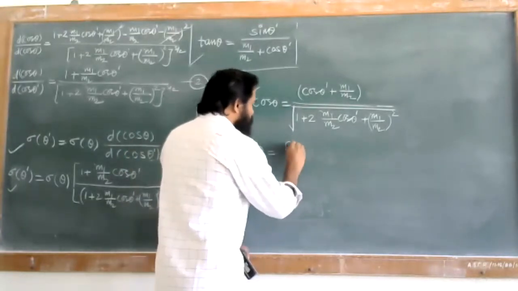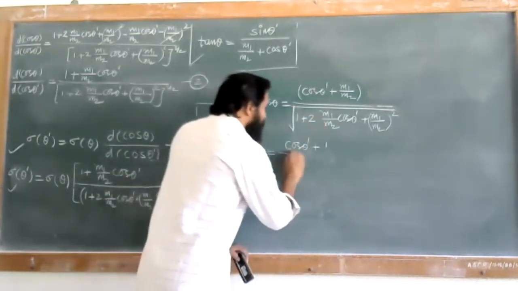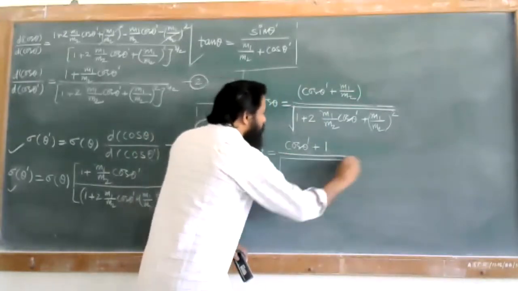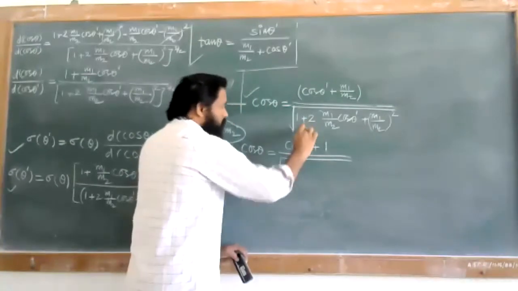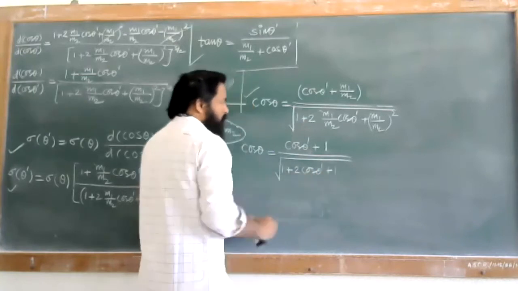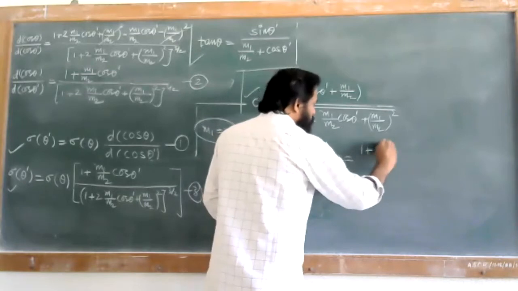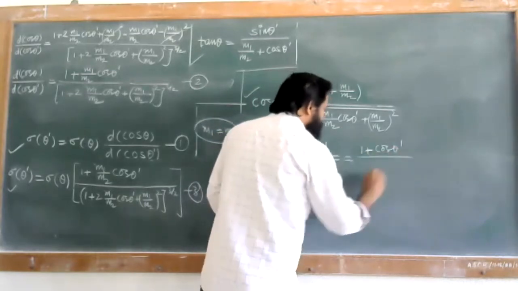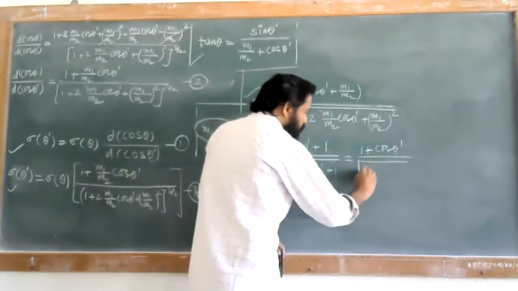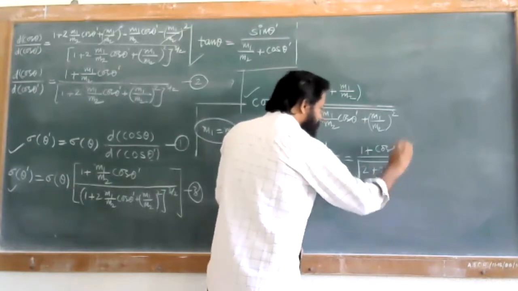equal to cos of theta dash plus 1, divided by, as m1 is equal to m2, 1 plus 2 into cos of theta dash plus 1. So what is this value? This comes out to be 1 plus cos of theta dash, divided by the square root of 1 plus 1, 2, plus 2 cos of theta dash.